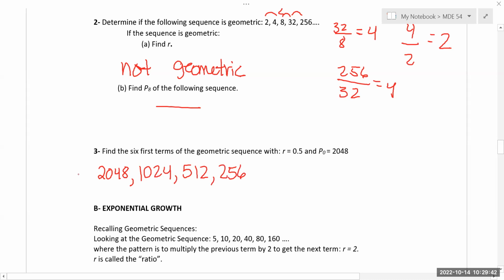Until I get 6. 1, 2, 3, 4, 5, 6. So 64 would be my answer.